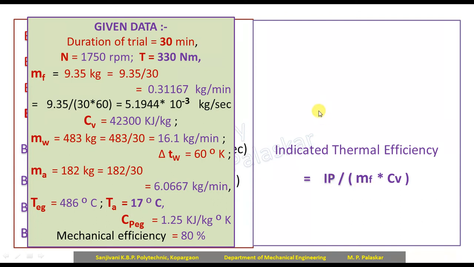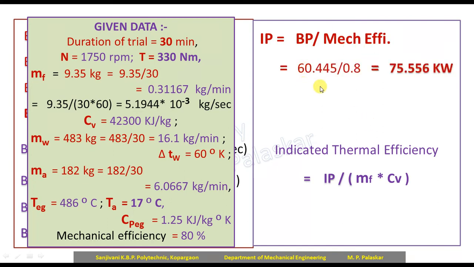So the indicated power let us find first. So indicated power is equal to brake power upon mechanical efficiency. So the brake power we have found out just now, that was 60.445 kilowatt, and the mechanical efficiency it is given as 80%. 80% means 0.8.